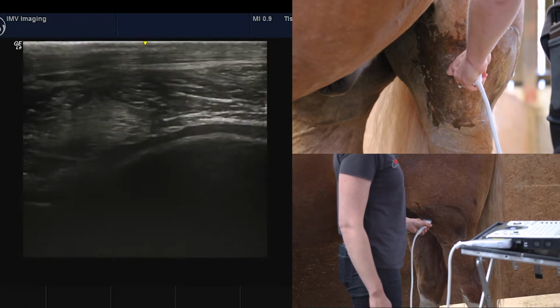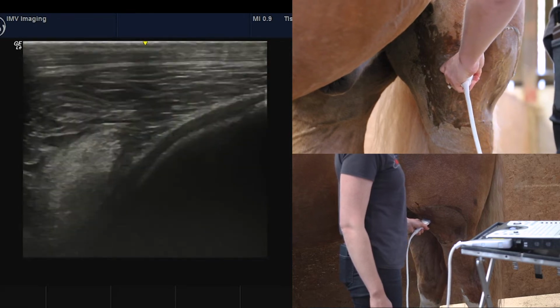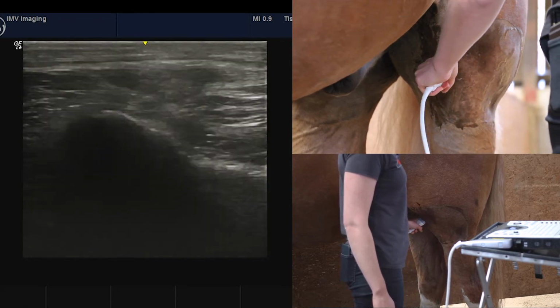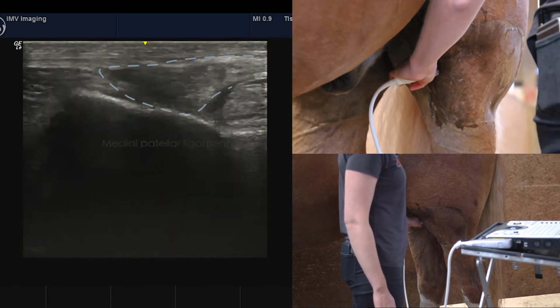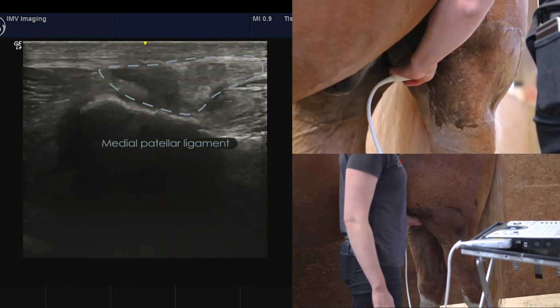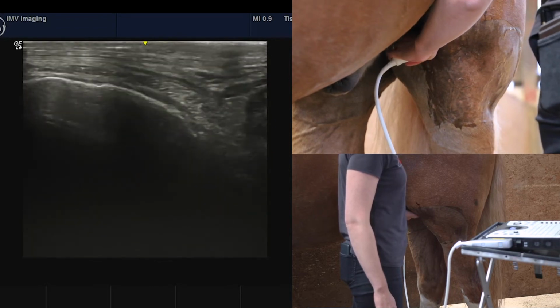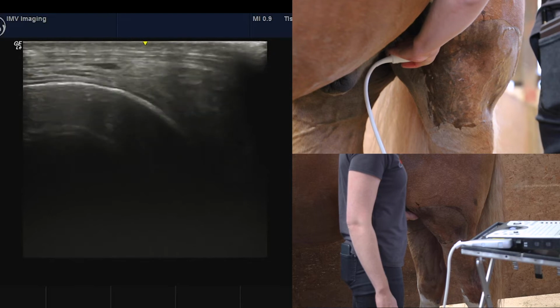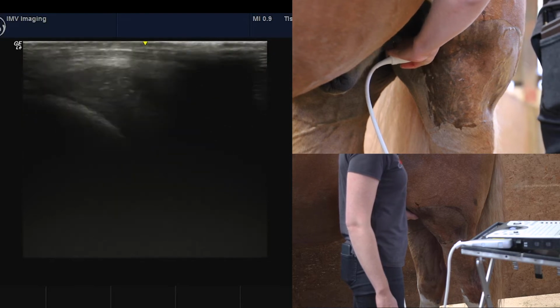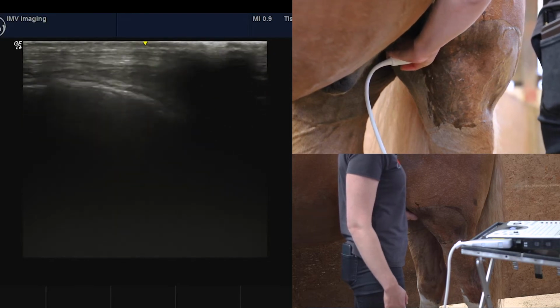To evaluate the medial patellar ligament, move the probe medially to the medial aspect of the femoral condyle. Again, starting proximally at the origin of the patella, the medial patellar ligament originates from the medial parapatellar cartilage.